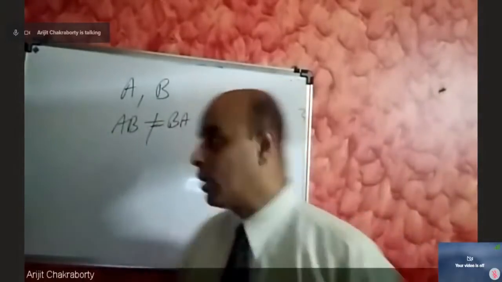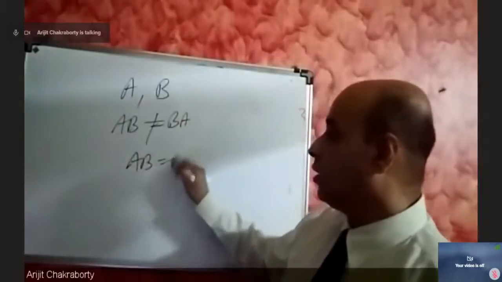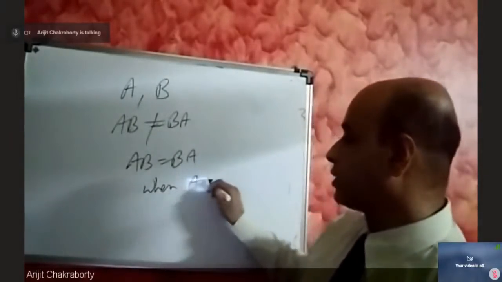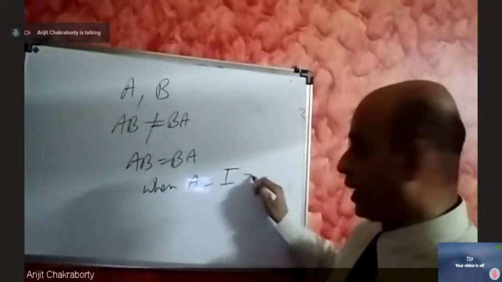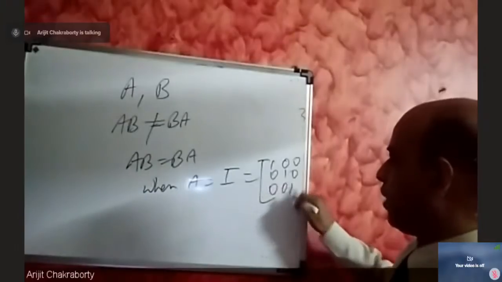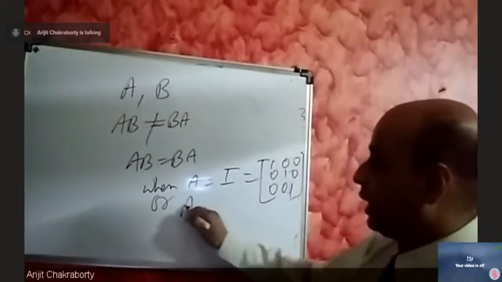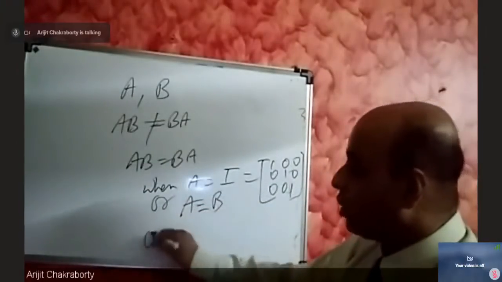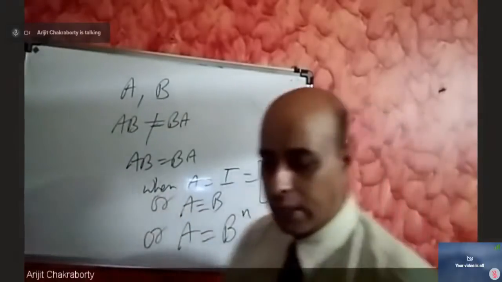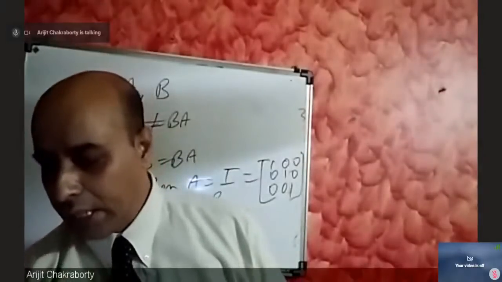AB will be equal to BA only under three conditions: when A is equal to the identity matrix, that is of the form 1 0 0, 0 1 0, 0 0 1, or when A is equal to B, or when A is equal to B to the power n. So these are the three conditions.